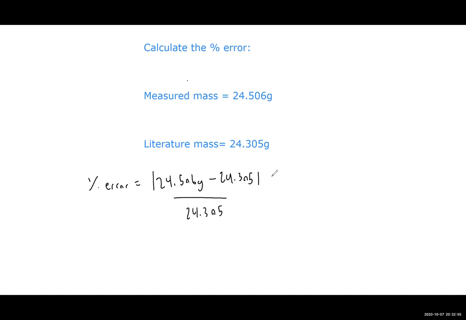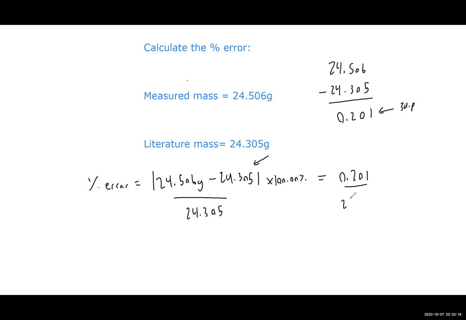So let's compute these calculations step by step. This first operation, this first subtraction operation, for subtraction, we're concerned about the least number of decimal places. So we'll retain 3 decimal places.